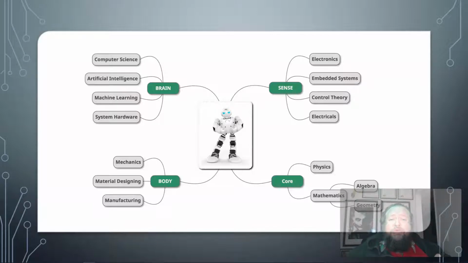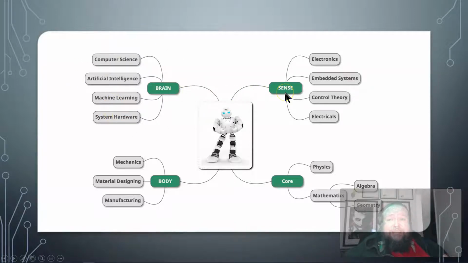This is just a general diagram that you see here. If it's the brain or any kind of components throughout, even things that control the arms and legs, they're all communicating together as different subcomponents that come together. You have areas of fields like computer science and artificial intelligence, machine learning, and system hardware, and control coding that.